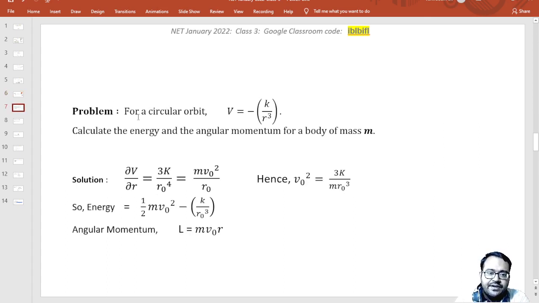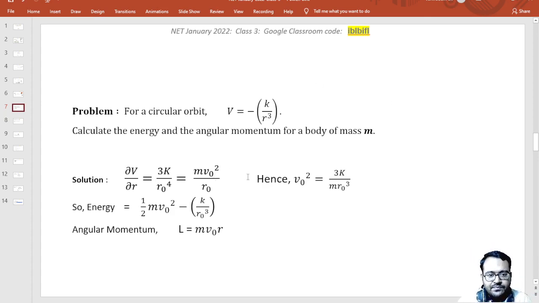Say we are given a circular orbit for a particular potential V equals minus k by r cube. In each circular orbit problem, the potential will be given as a function of r. With just this information, we can calculate the energy and angular momentum for the body of mass m. This is a very standard and very old problem, always asked.